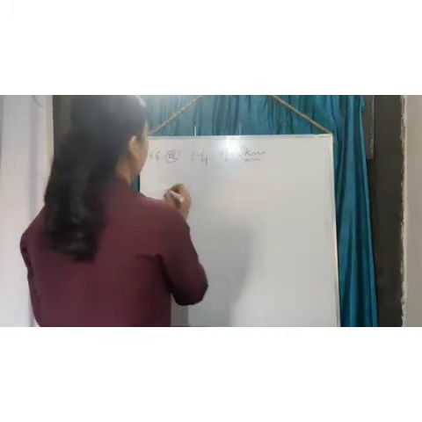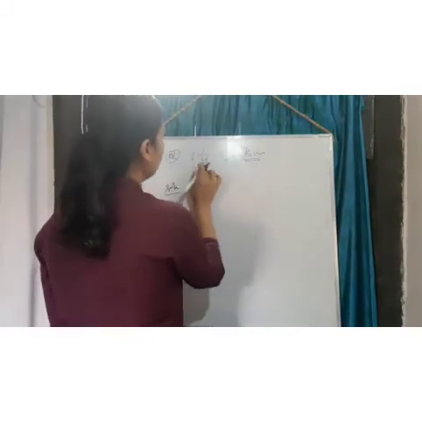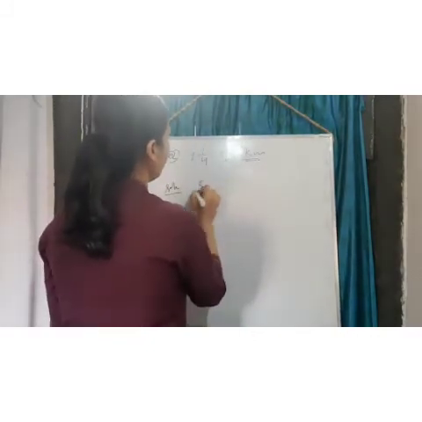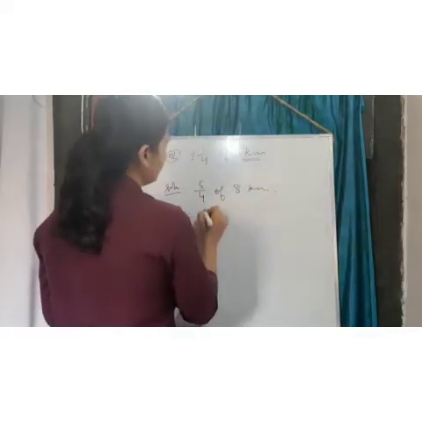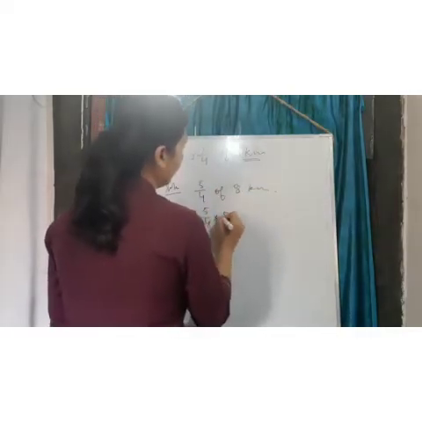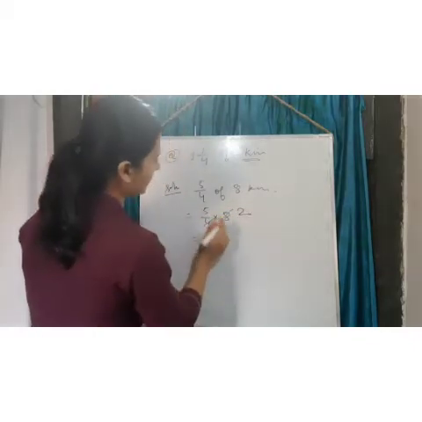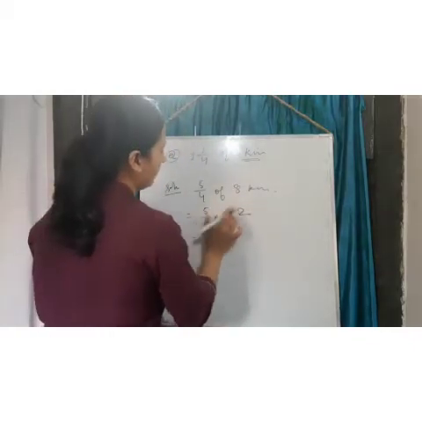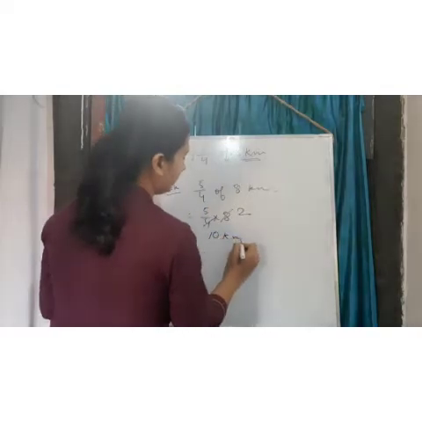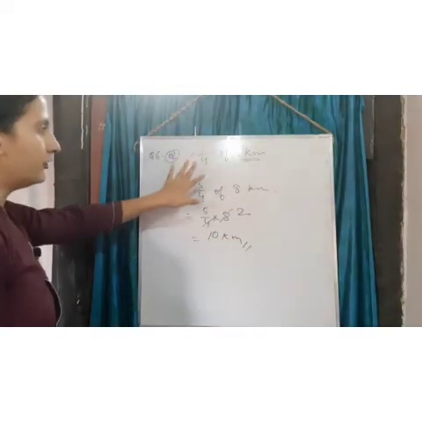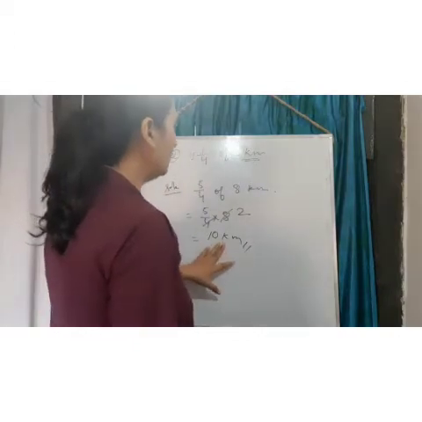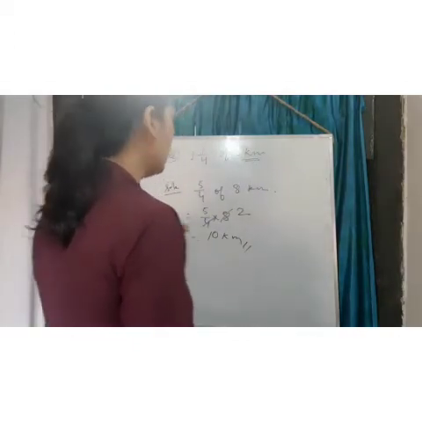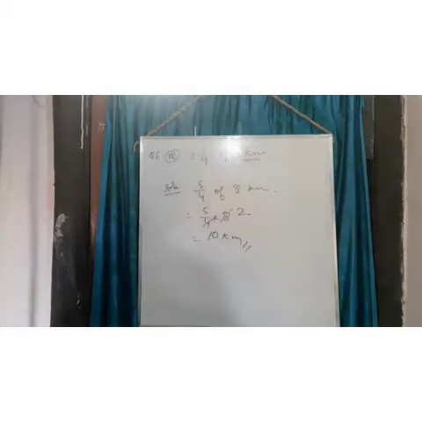So first we have to convert this. 4 1s are 4 plus 1, it's 5 by 4 of 8 kilometer, right? So 5 by 4 into 8. So 4 2s are 8, correct? Then 5 2s are 10. So 10 kilometer. So 1 1 by 4 of 8 kilometer will be 10 kilometer. Alright. So I hope that this is clear to you.